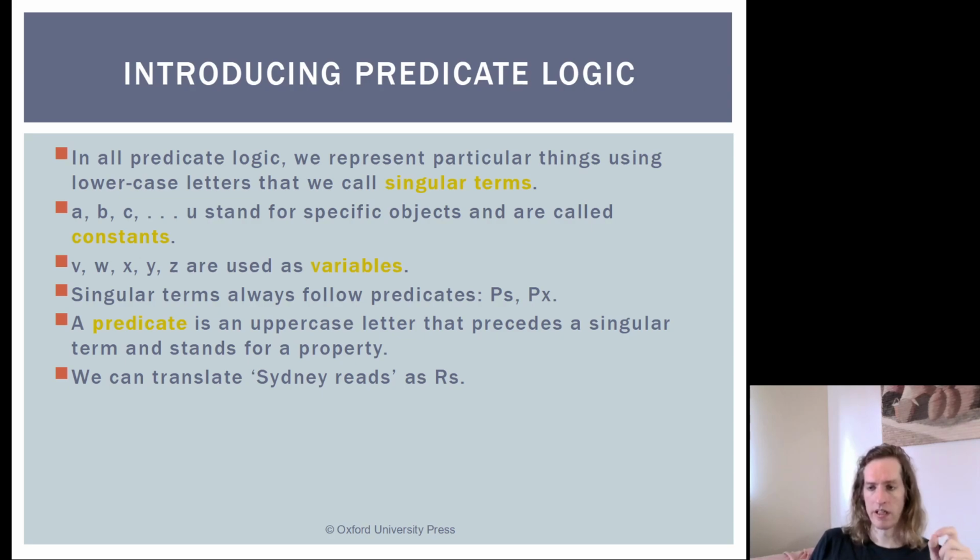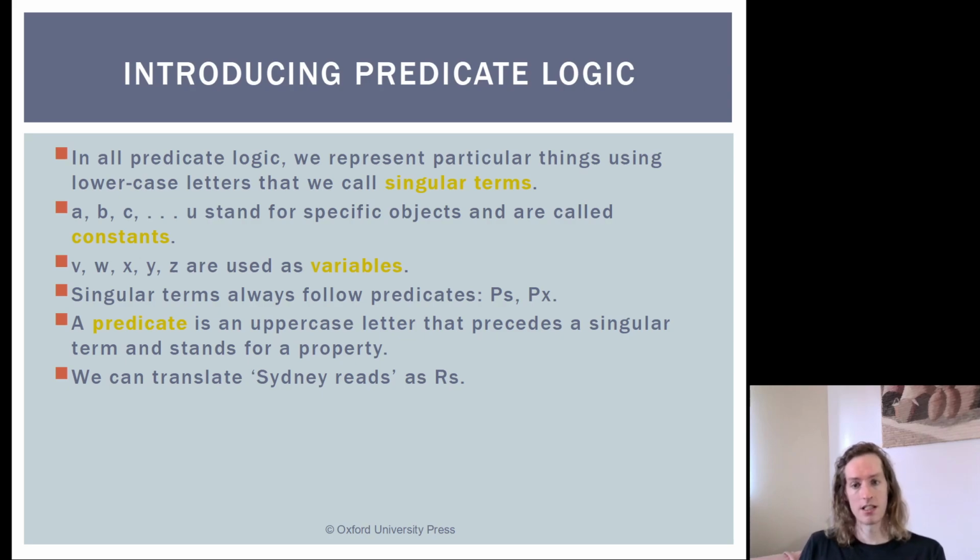I'll go into the difference between constants and variables more in the future, but basically a constant is a specific particular thing, whereas a variable stands for something kind of in general. It can mean a specific particular thing, but it doesn't specify it with any sort of precision.